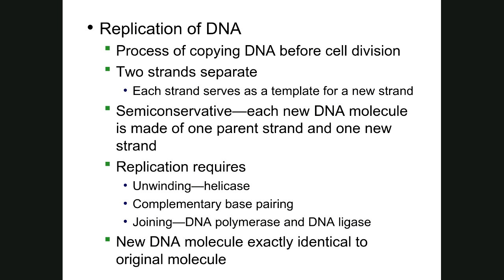Okay, so when they knew the structure of DNA, they started to find out how this DNA becomes double or duplicated. So, replication of DNA. What is the definition of replication of DNA? It is the process of copying DNA before cell division.